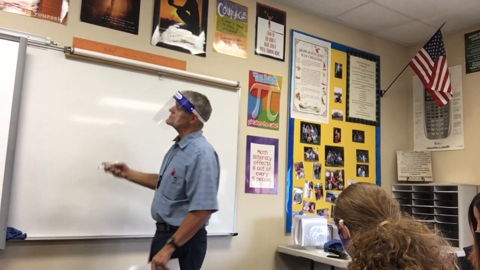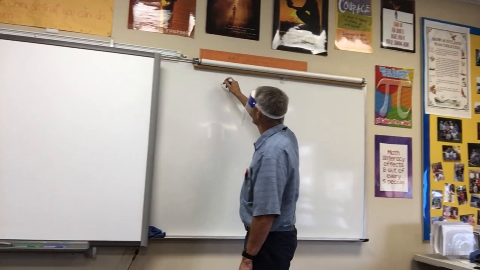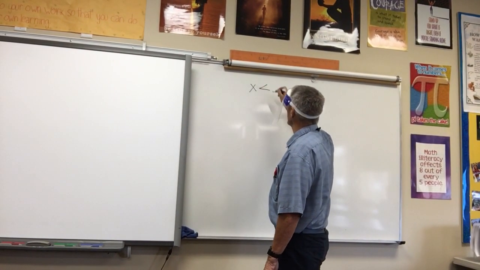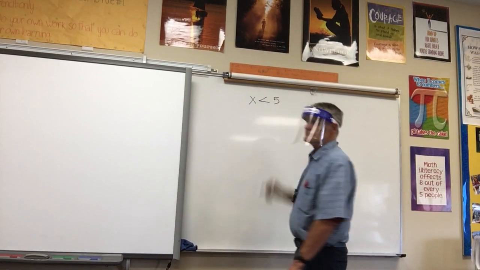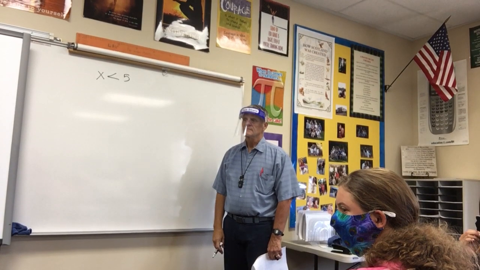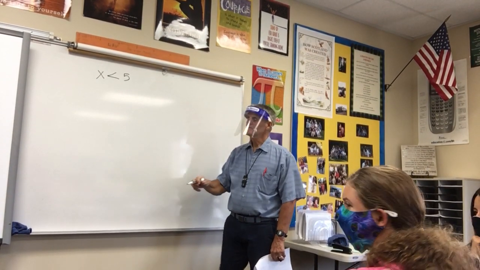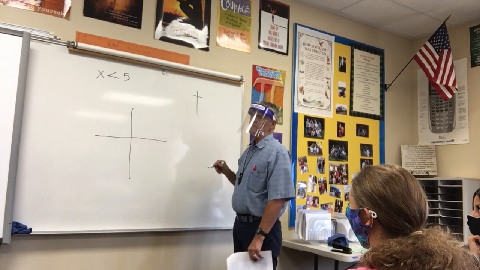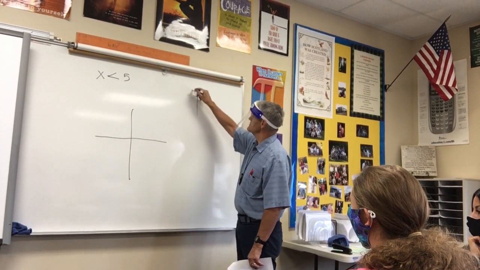I don't think I did put this one in here, but we very well may. x is less than 5. This time, if I did a t-graph, which I'm not going to, x is always 5.